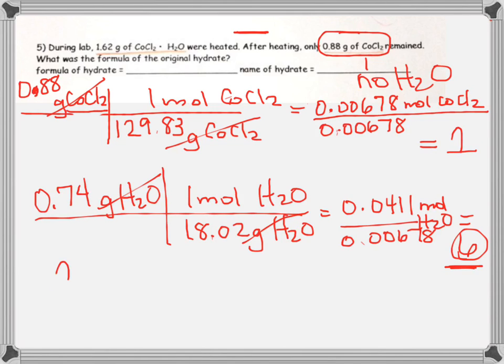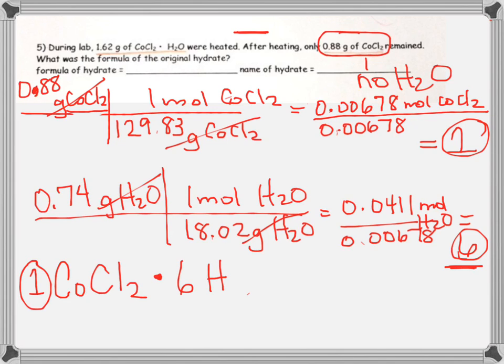So the formula for this one is CoCl2. This 1 is understood in front of the CoCl2 right here. We don't write it in, but it's just understood to be there. So this means for every 1 mole of CoCl2, I will have 6 moles of water bonded to it.